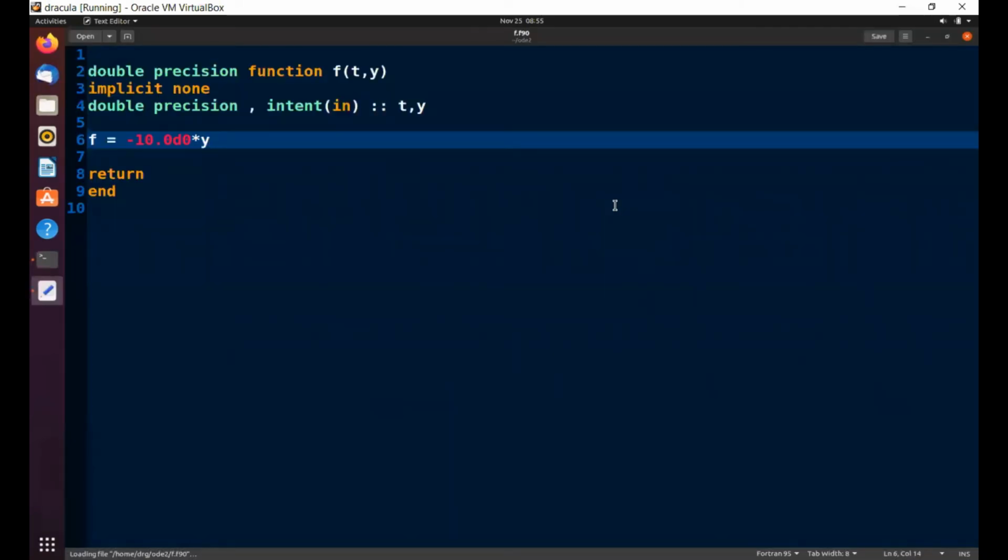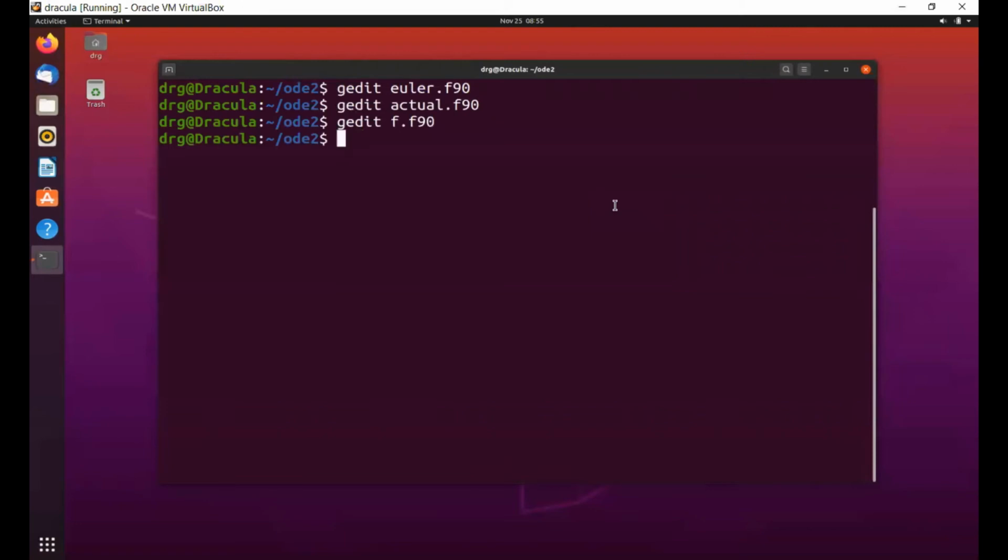And the right-hand side of our differential equation is now going to be negative 10 times the current y value. So this is just to show we are working on the problem that we said we were going to. So I'm going to compile this.